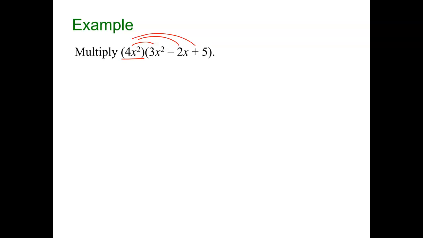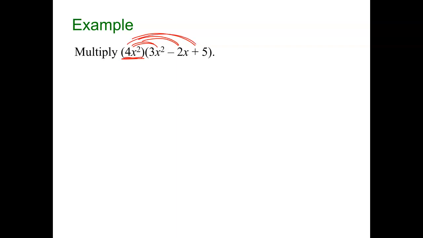And just simplify. Okay? Say that again. Every term in the first polynomial will be multiplied by every term in the second polynomial. That's what distributive property is. I'm going to take this. I'm going to multiply it by 3x squared. I'm going to multiply it by negative 2x. I'm going to multiply it by 5.